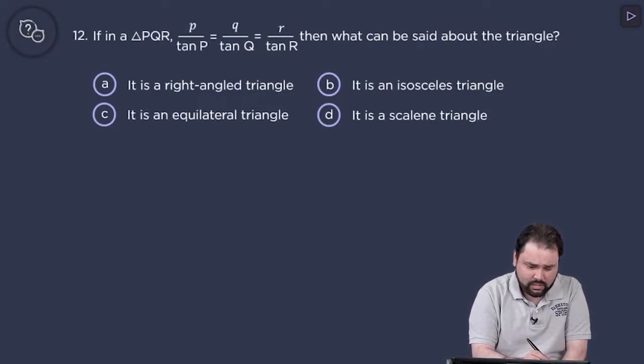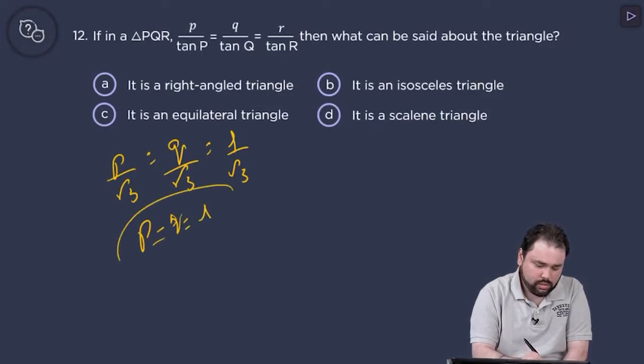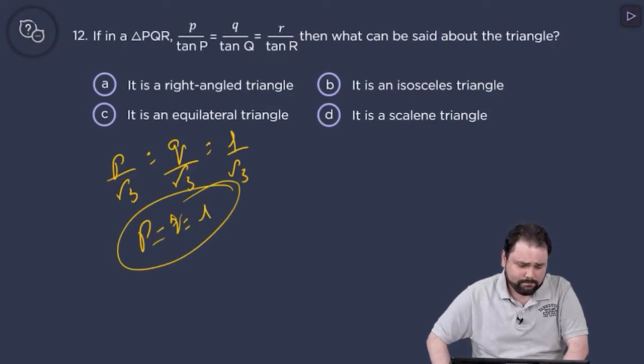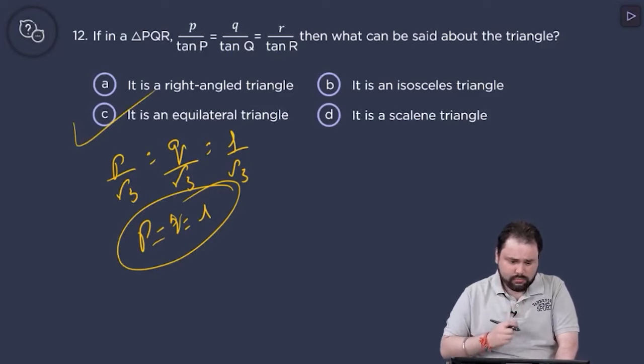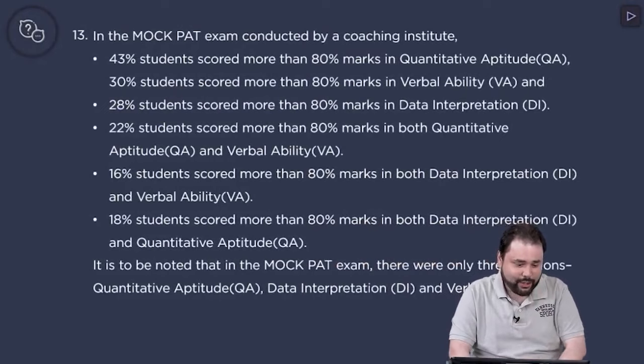So P by tan 60 would mean P by root 3 is equal to Q by tan 60, which is Q by root 3 is equal to R by root 3, which means P is equal to Q is equal to R. So if it's 60, 60, 60, it is satisfying. Each side has to be equal, 60, 60, 60 degrees. Satisfying. So equilateral triangle. Easy. Yeah. Okay. Cool. This is good.